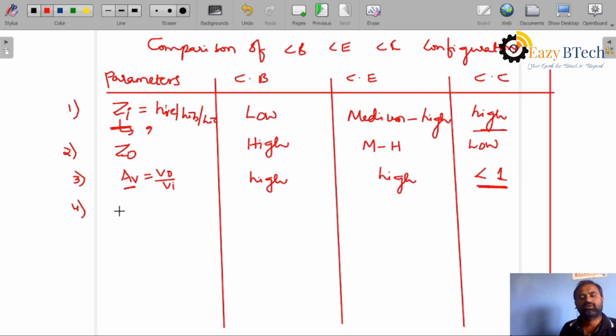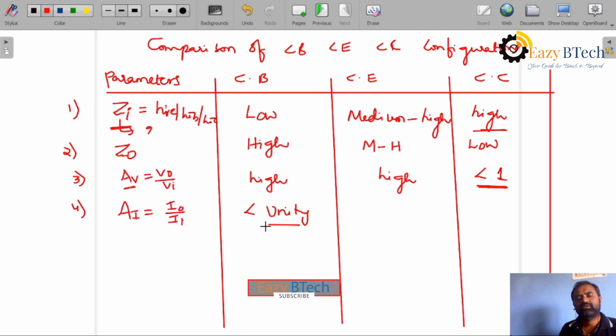Next, current gain. Current gain is less than unity for common base. This is high. For this also very high.